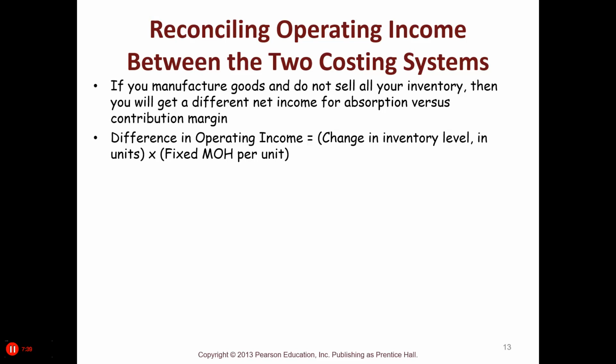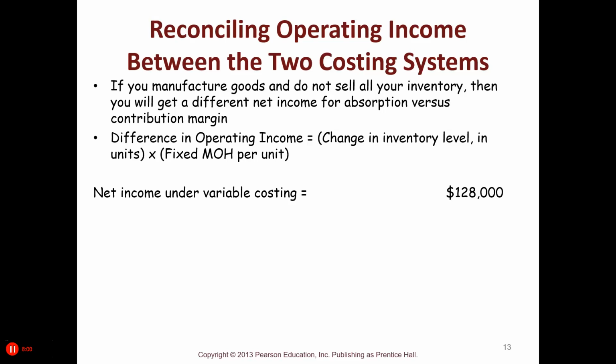So if you manufacture and do not sell all your inventory, then you will get a different net income under absorption versus contribution margin. The difference in operating income is the change in inventory level in units times the fixed manufacturing overhead per unit.